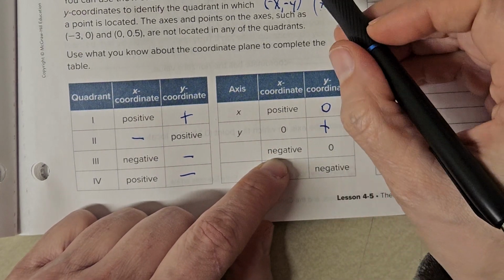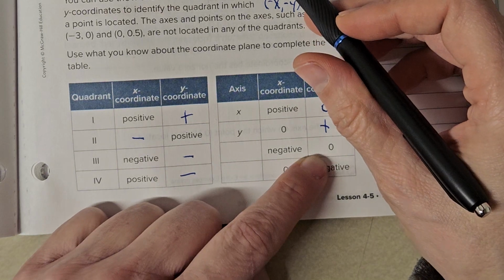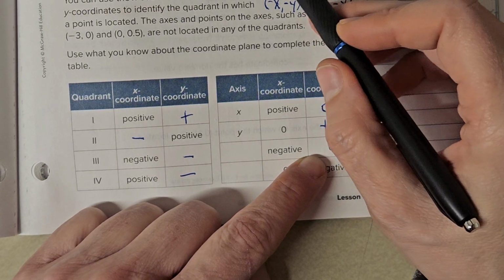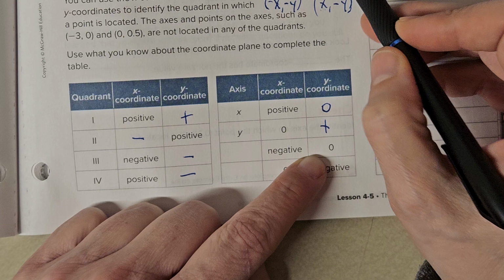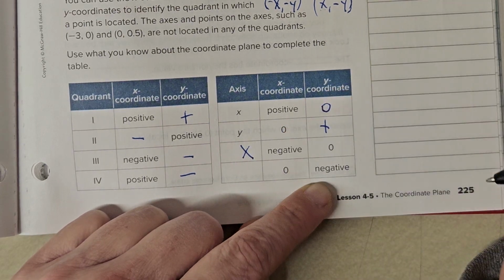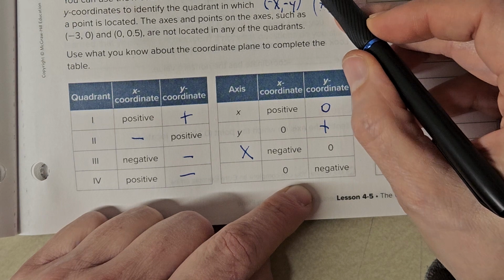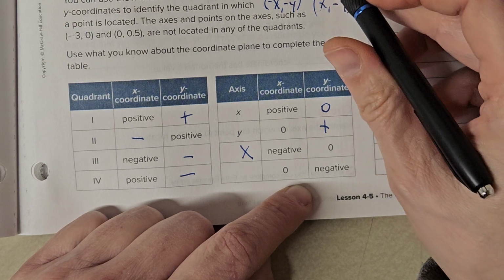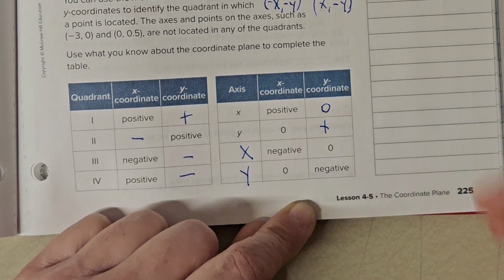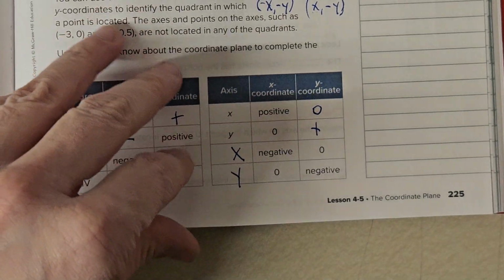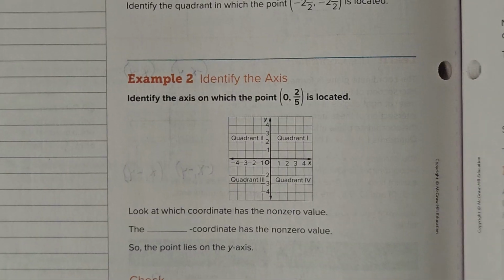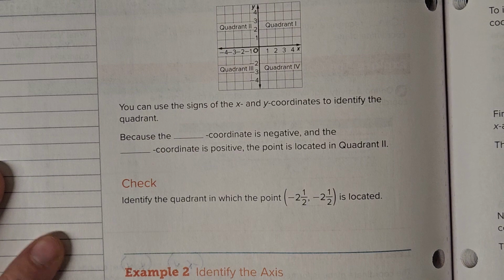If you had a negative x this way and 0 for the y, what axis would we be on? Well, we'd be stuck on this one, the x-axis. And if we went over 0, but we were able to go down, we would be on the y-axis. That's going to become valuable later in your math life.